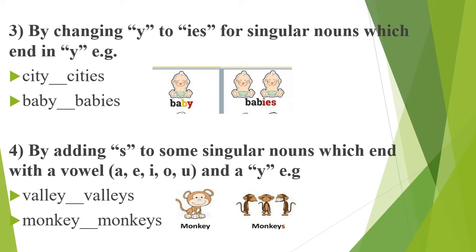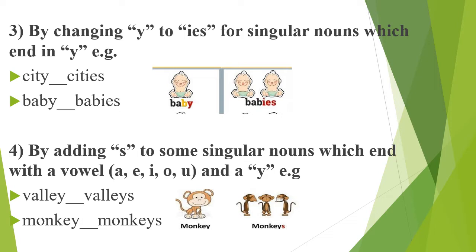Dear students, listen to the third and fourth way of making plural nouns very carefully. The third way to make plural nouns is by changing y to ies for singular nouns which end in y. It means the singular nouns that end in y, only y.